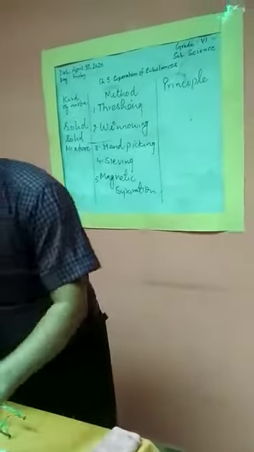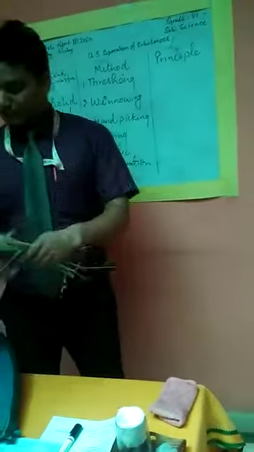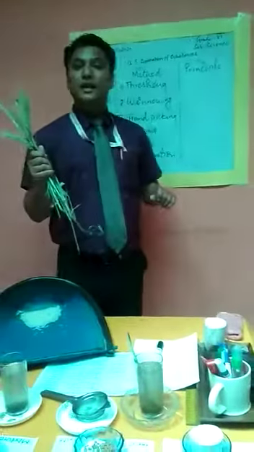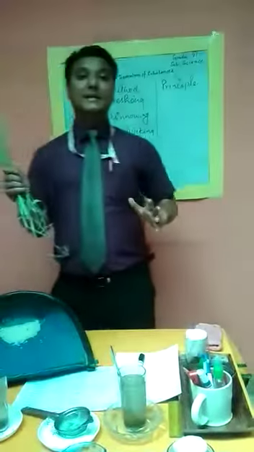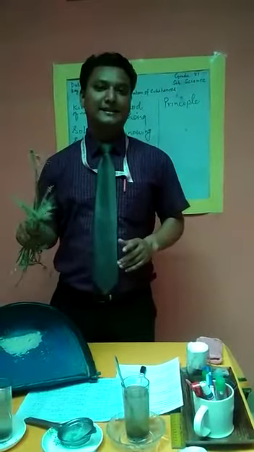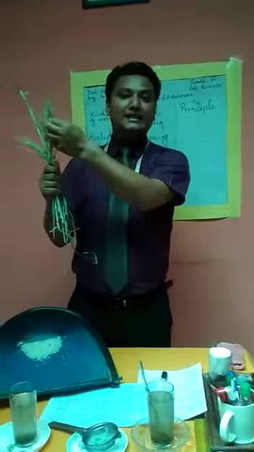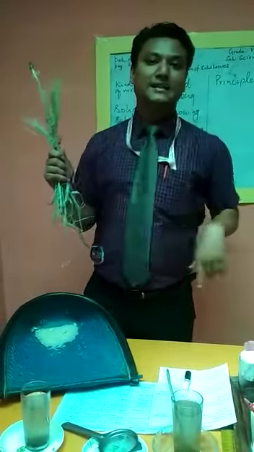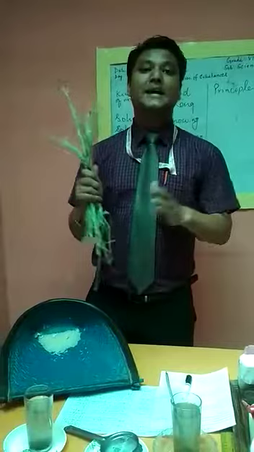We have 3 mixtures here. Let's understand threshing. These are the stalks of grains. In threshing, the principle says when you hit these stalks on a hard surface, the grains being heavy and the stalks of these grains being light, they are separated.